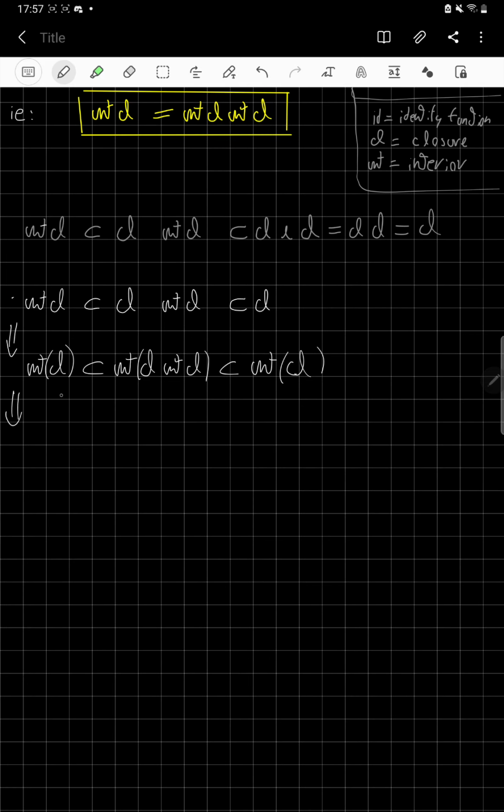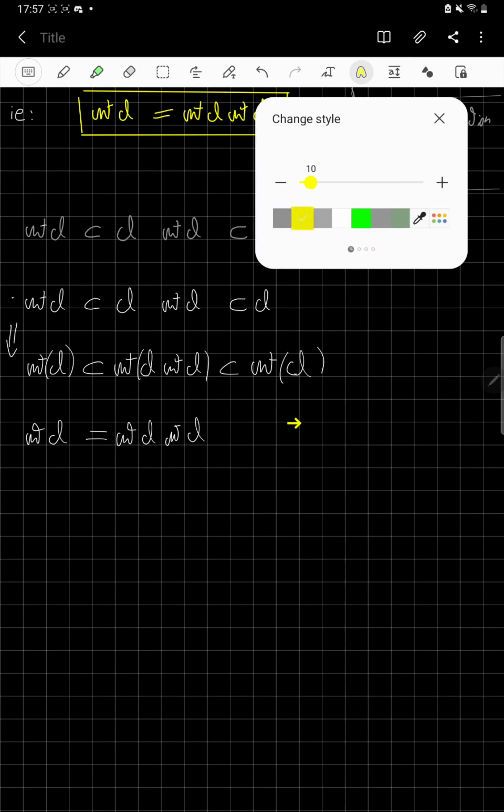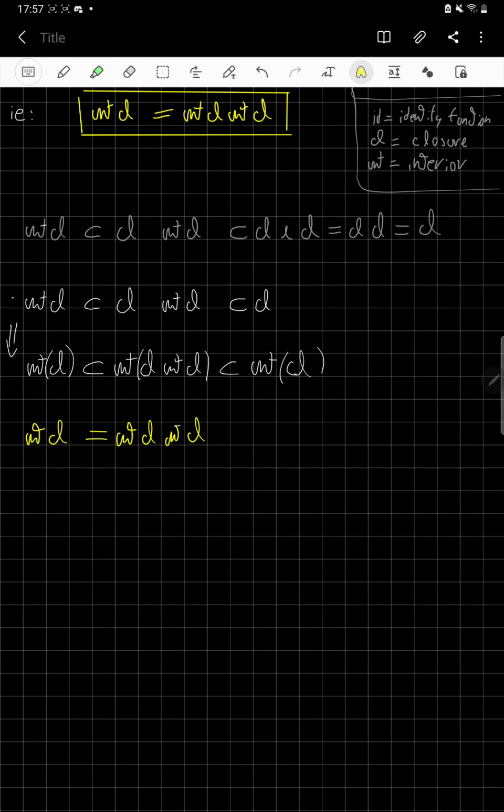That's all we wanted, because we just wrote A is included in B, which is included in A. Therefore, A equals B. Therefore, the interior of the closure is equal to the interior of the closure of the interior of the closure. That's it. That's what we wanted to prove. And we're done.